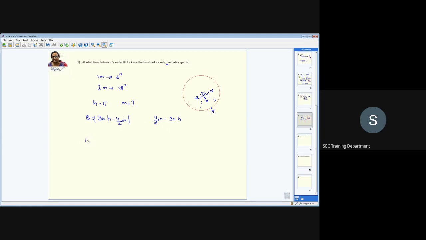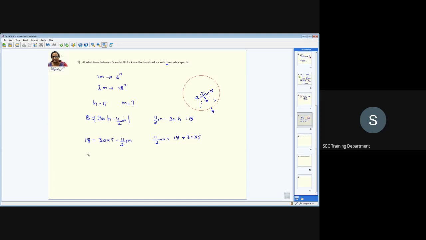So now you replace this. The angle is 18 degrees and H is 5: 18 equals 150 minus 11 by 2M. Similarly here, 11 by 2M minus 30H, this again is an angle. This theta is 18 and I'm bringing this to the other side, so plus 30H, where H is nothing but 5.